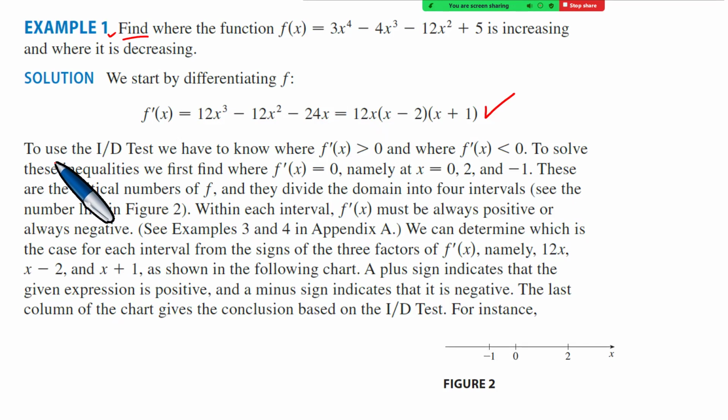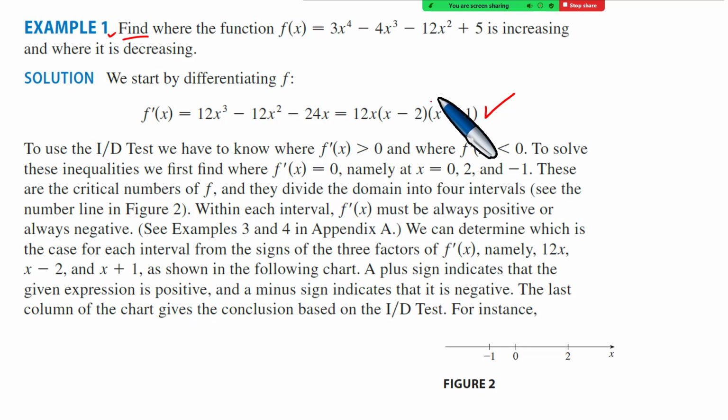To use the increasing derivative test or the decreasing derivative test, we have to know where the first derivative is positive and where the first derivative is negative. To solve these inequalities, we first find the derivative and equate it to 0.